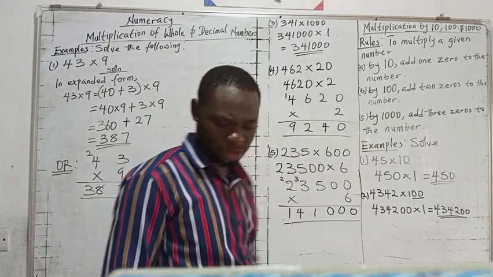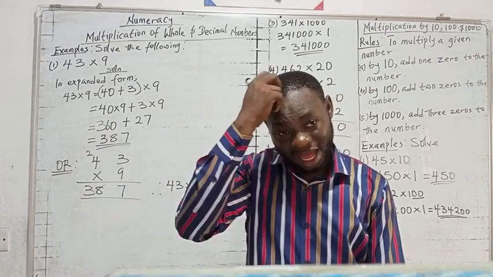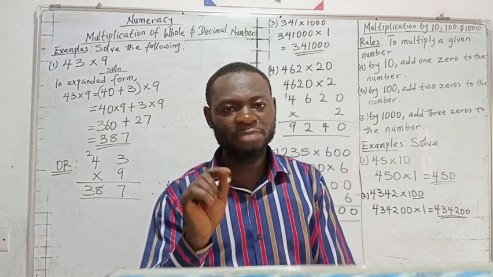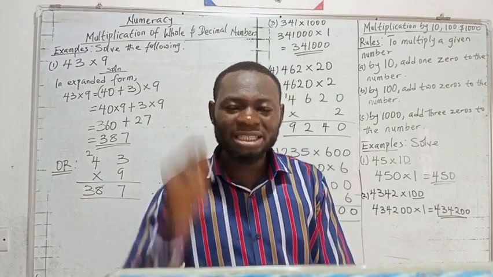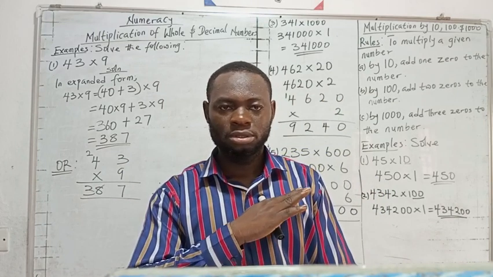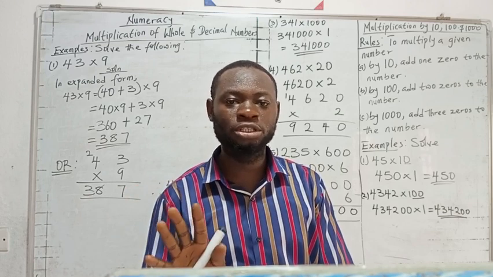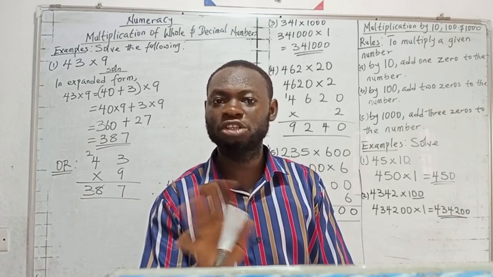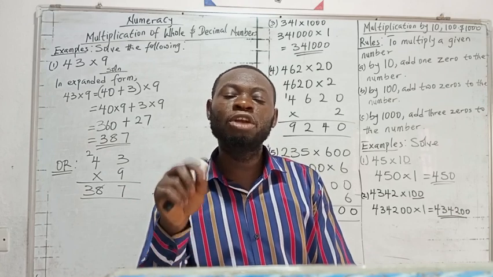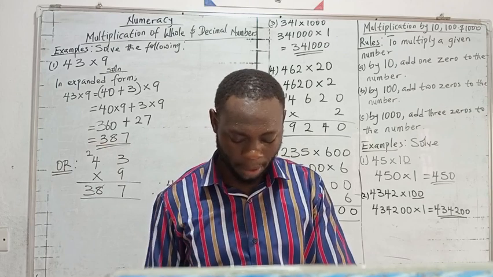Alright? Now let's look at multiplication of decimal numbers. When we are multiplying decimal numbers, treat them as whole numbers. The decimal point should be ignored at the point of multiplication. Then after multiplying, you count the number of decimal places and add your point.